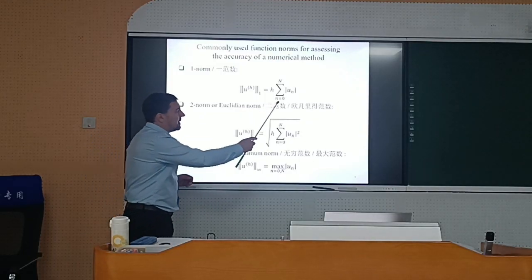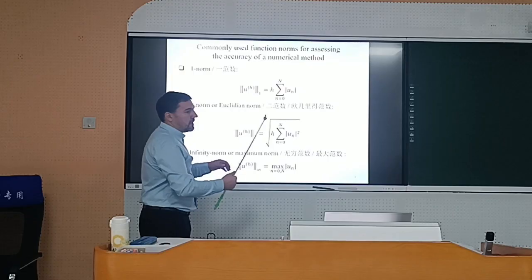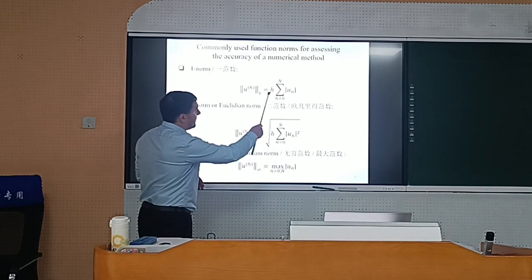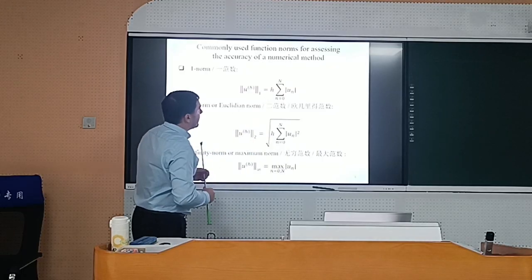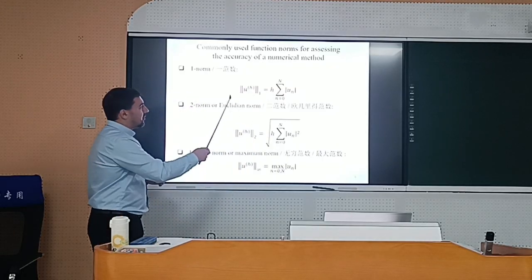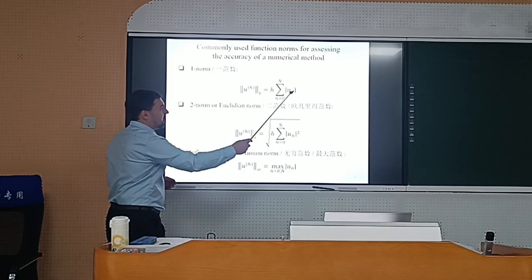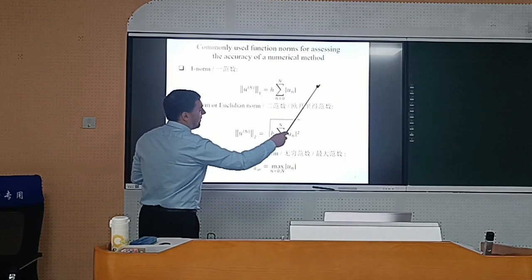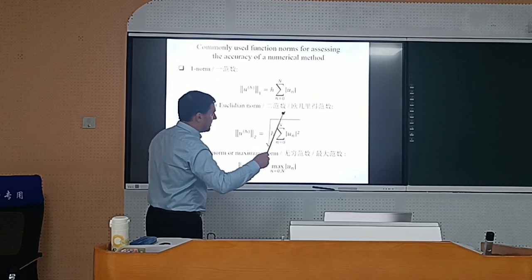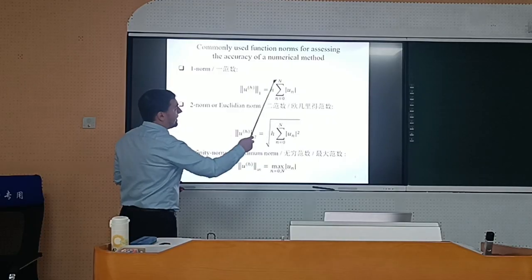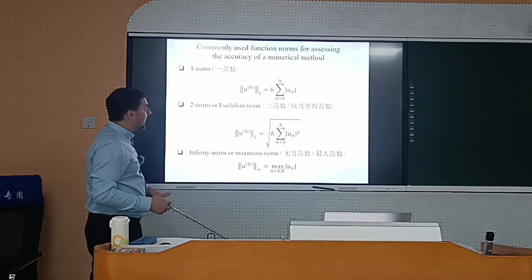Then we compute the sum of the absolute values of our grid function and multiply it by h. This h is important because this norm comes from the integral norm. It is an analog of the integral of function f over our segment, a finite difference analog of the integral.